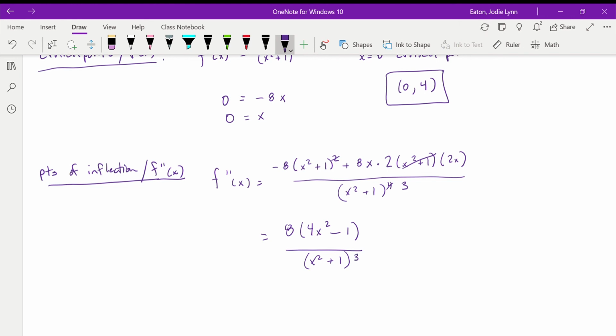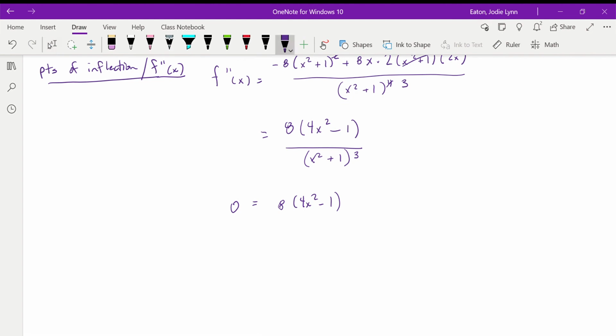We still don't have any points where this doesn't exist, so that's awesome. So our points of inflection are where 0 is equal to 8 times (4x squared minus 1). Can divide by the 8, add 1 to both sides, so we get 1/4 is x squared, and x equals plus and minus 1/2.